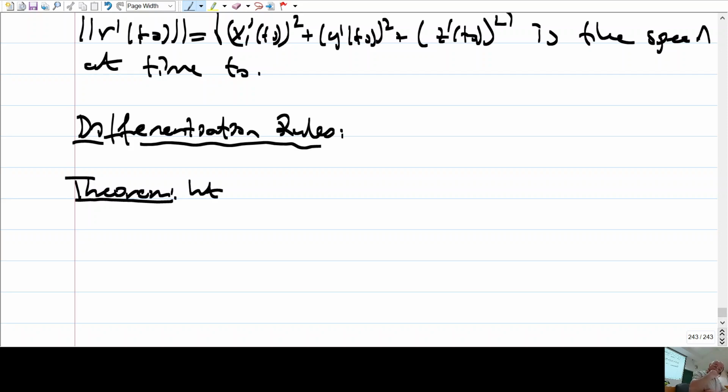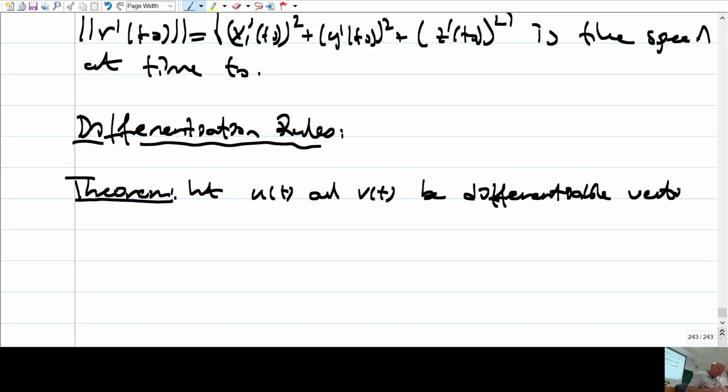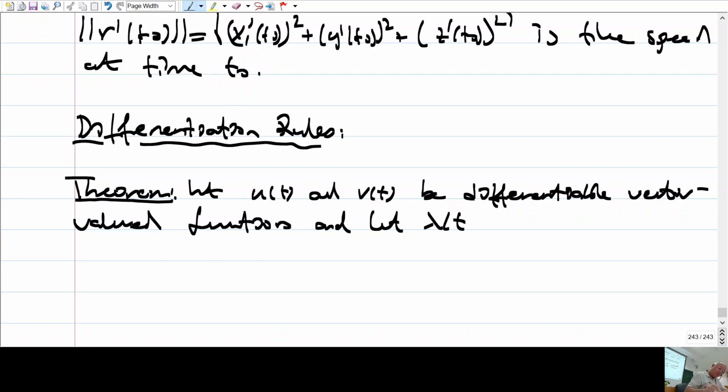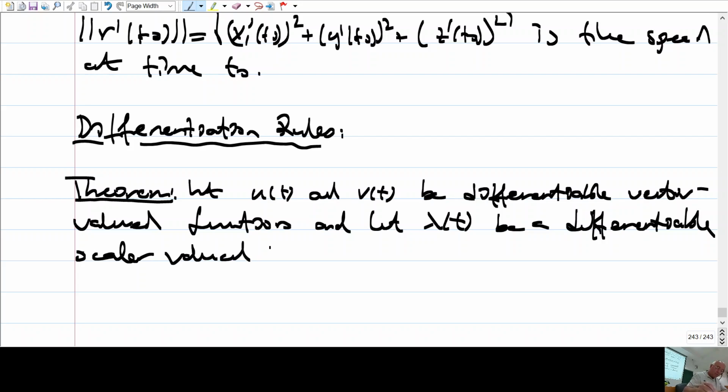Okay, now let u(t) and v(t) be differentiable vector valued functions, and let lambda(t) be a differentiable scalar valued, I mean usual function.